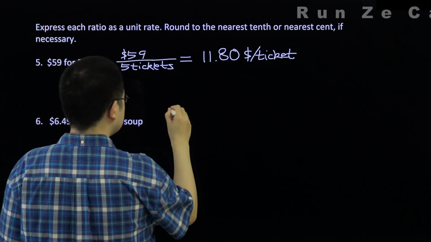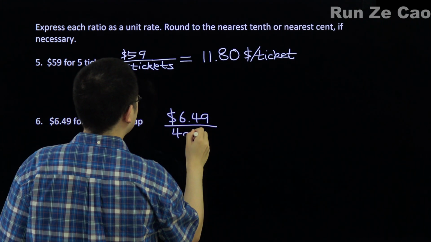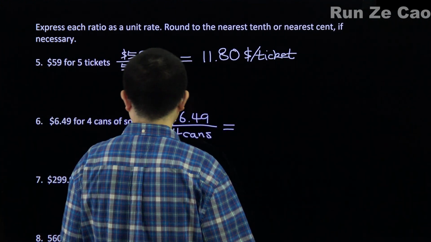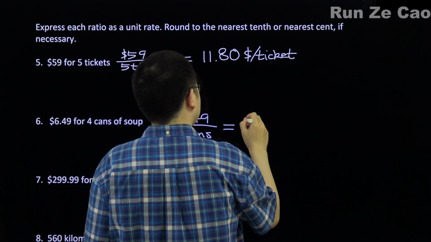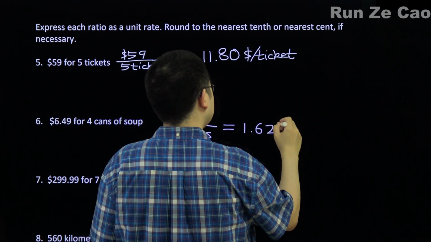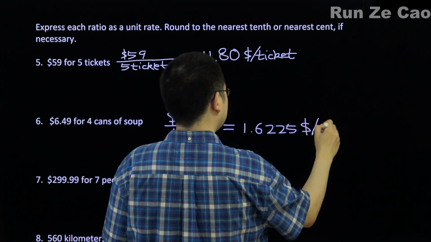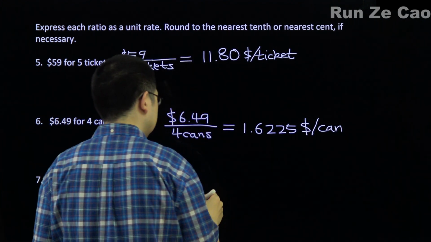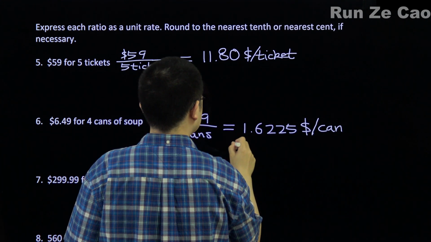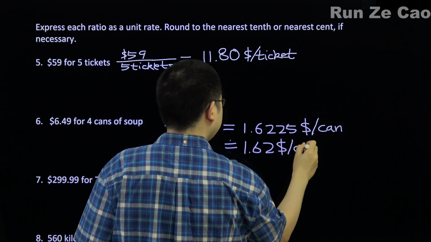That's going to be 6.49 over 4 cans, which is equal to 1.6225 dollars per can. Right, that's approximately $1.62 per can.